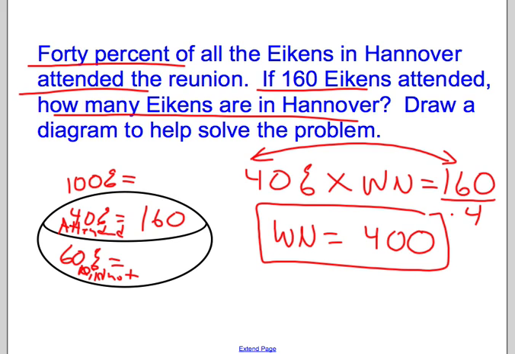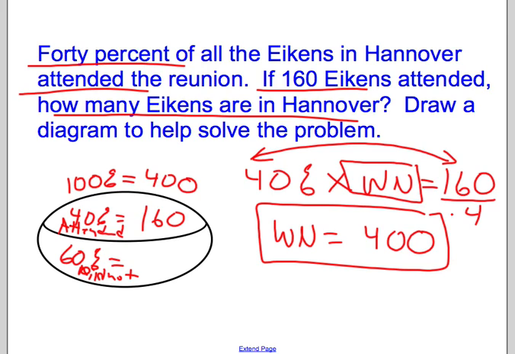So is this number here that I talked to Trenton about, what's that item represent? Total. Is the total going to be the number that didn't attend, or is the total the total? The total would be the total. That's what we're looking for, and wouldn't that have to be the 100%? Isn't that the total number of people that live in Hanover?